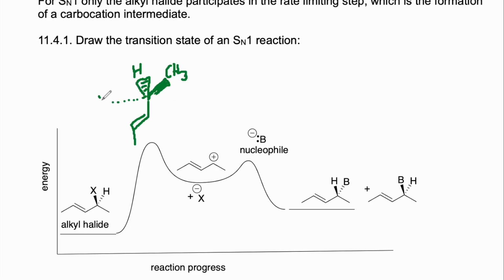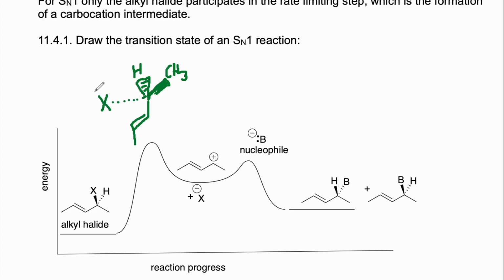Okay, so this is hard to represent in 3 dimensions, but I'm trying to draw these all in a plane. We're going to make a flat carbocation. This carbocation is flat, so I have the 3-carbon chain kind of pointed straight down. This H is supposed to be going back away from us, and the methyl group is supposed to be coming towards us.